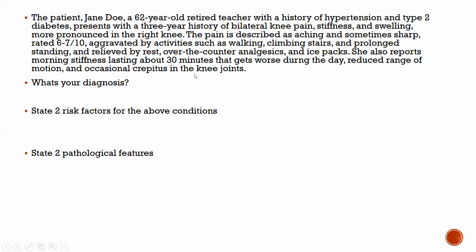She also reports morning stiffness lasting around 30 minutes that gets worse during the day. Anyone to confirm if you guys have been taught about the pathology of the joint?